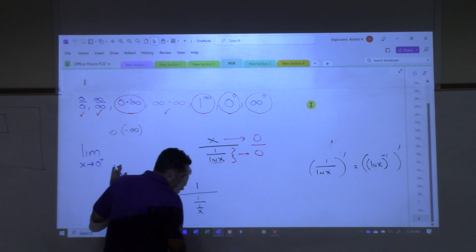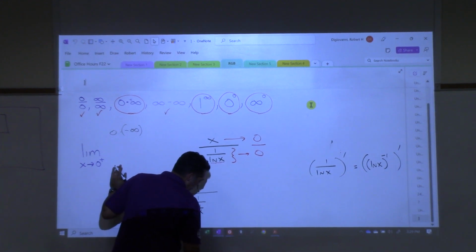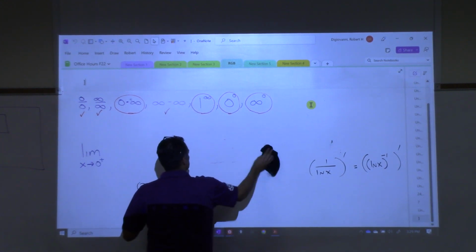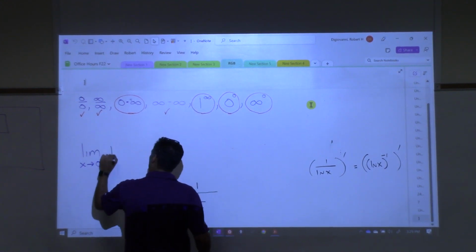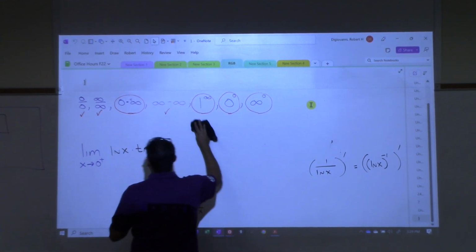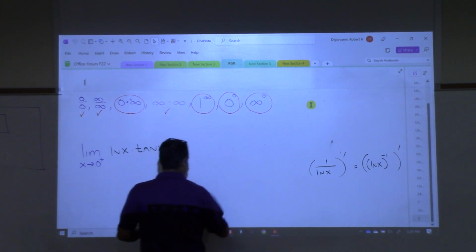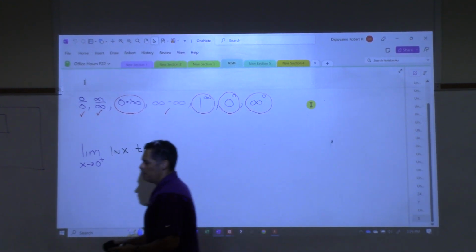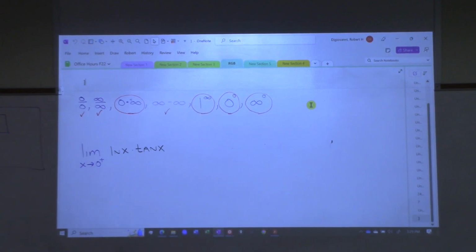I think we need to do another one. Natural log x times tangent x. X is headed to 0 from the right.